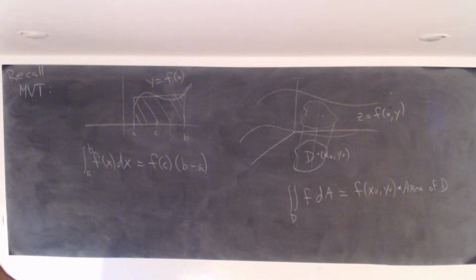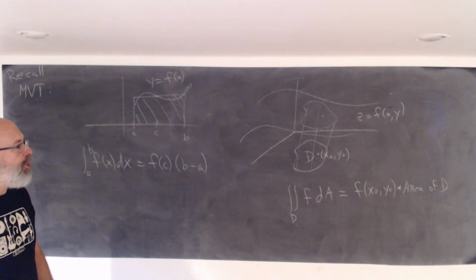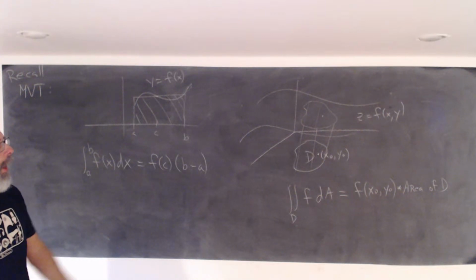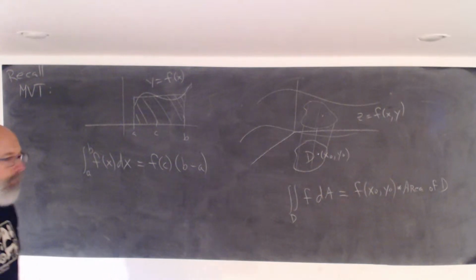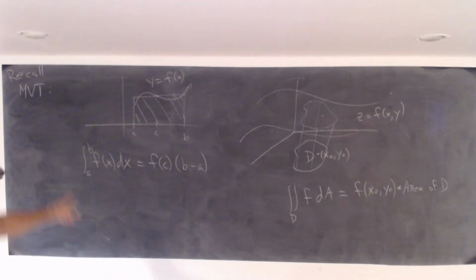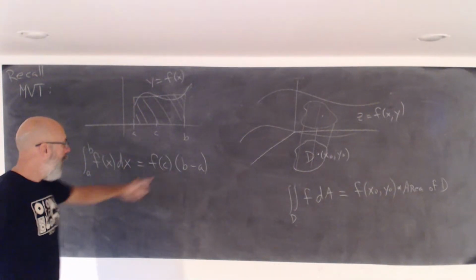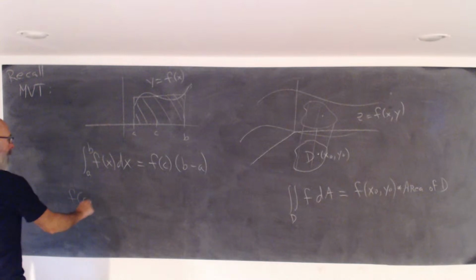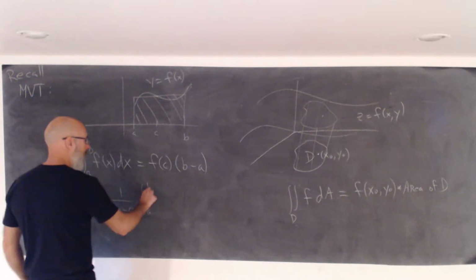So exactly the same idea, an immediate generalization, and this extends to higher dimensions as well. In here, we had defined f of c, which is 1 over b minus a times the integral.